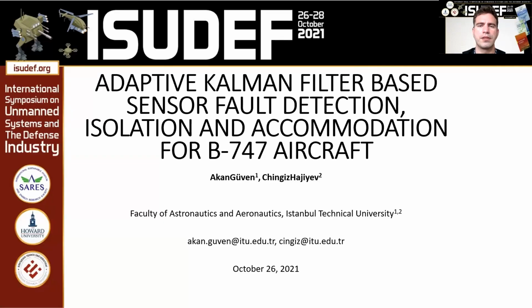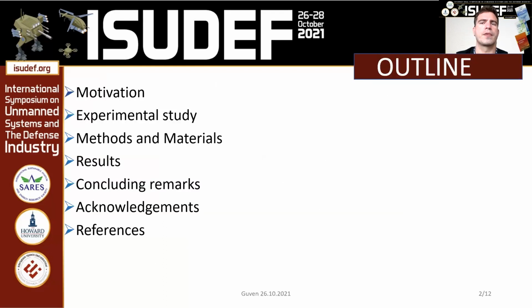Our study is devoted to adaptive Kalman filter based sensor fault detection, isolation, and accommodation applied to Boeing 747 aircraft. Here is the outline. You can see our plan for this presentation.